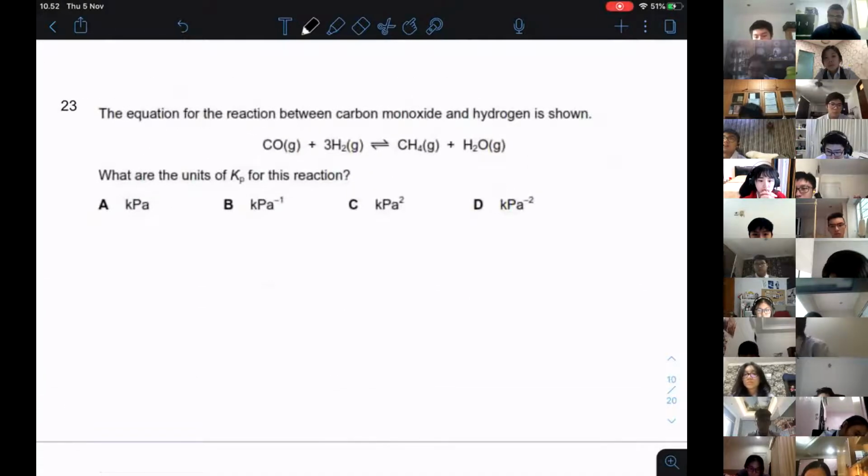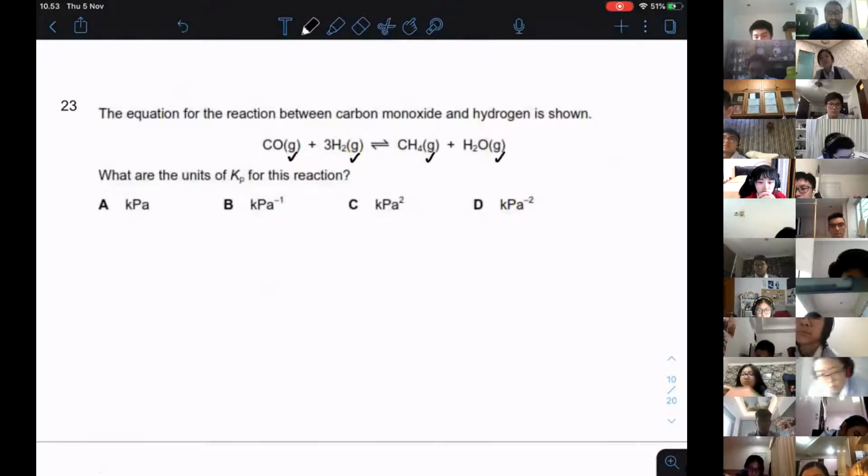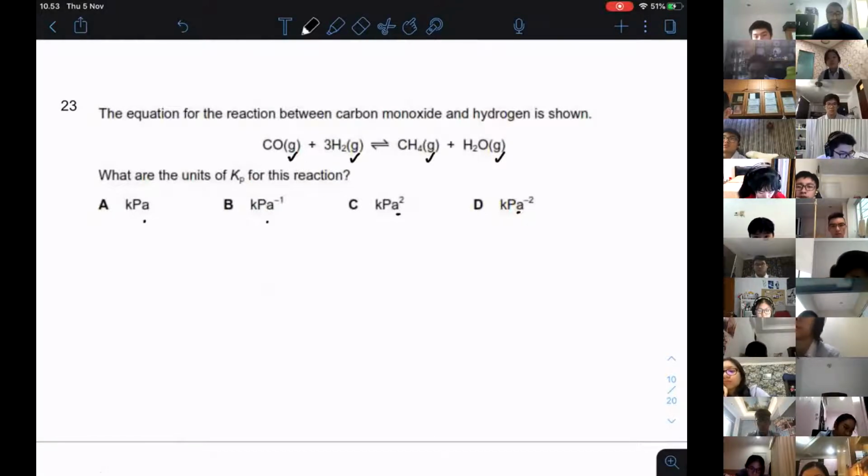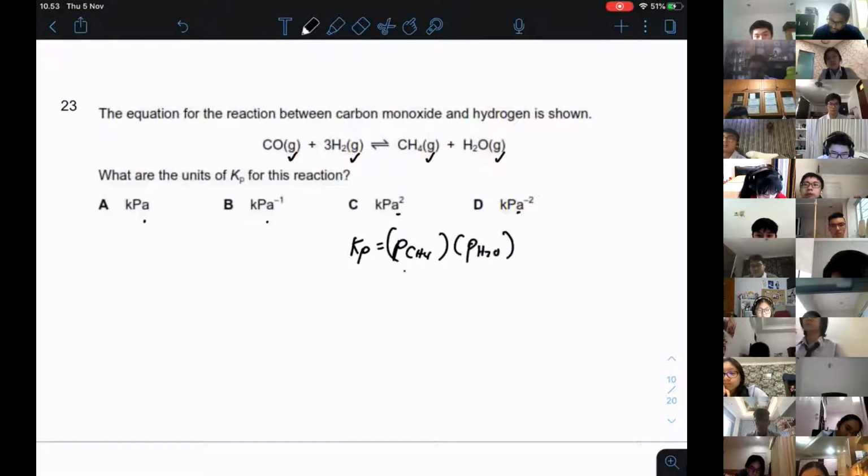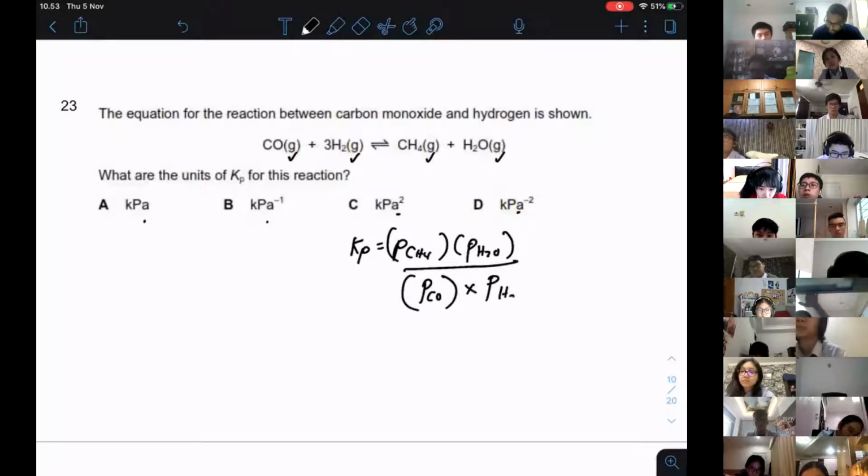So you have, okay, all of them in gaseous form. And they're asking you about the units. And you can see all of them in kPa. So it means we are using kPa. So I will write down Kp equals, not concentration. Okay, this one is partial pressure. Partial pressure of CH4 times partial pressure of H2O, over partial pressure of CO times partial pressure of H2, don't forget, to the power of 3.